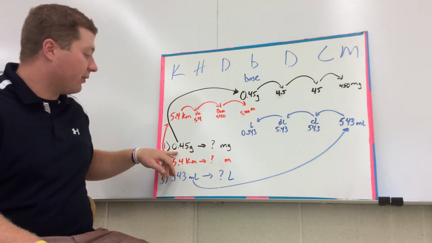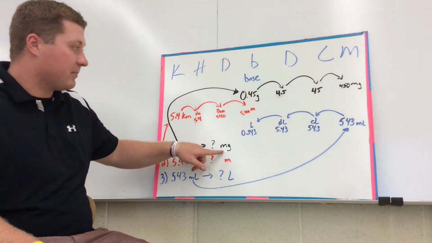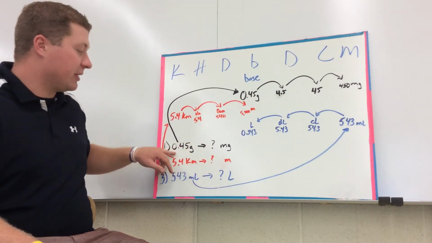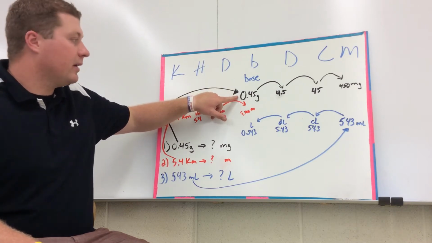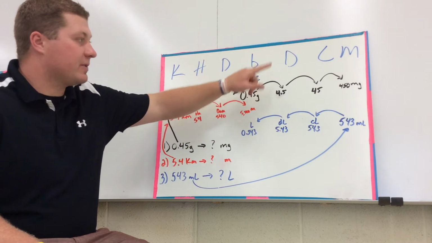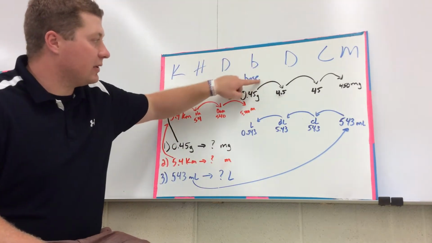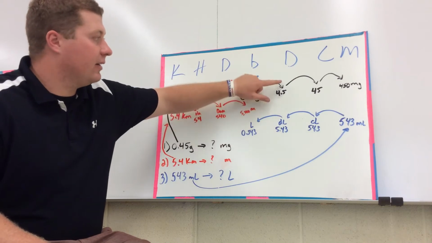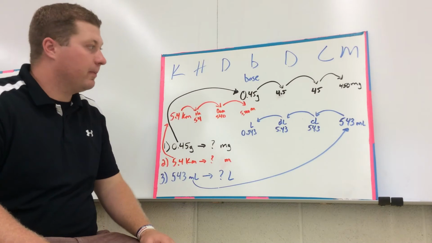The first one is 0.45 grams, changing it into milligrams. So what I'm going to first do is set this into my chart, 0.45 grams. Then I'm going to figure out how many jumps it takes to get to milligrams. From the base to the D, that's one jump. You can see I've illustrated that here. From the D to the C is another jump, and from the C to the M is the third jump.